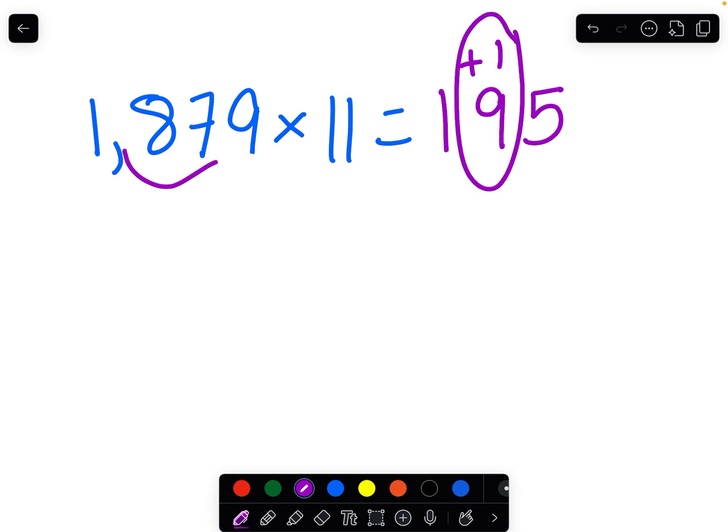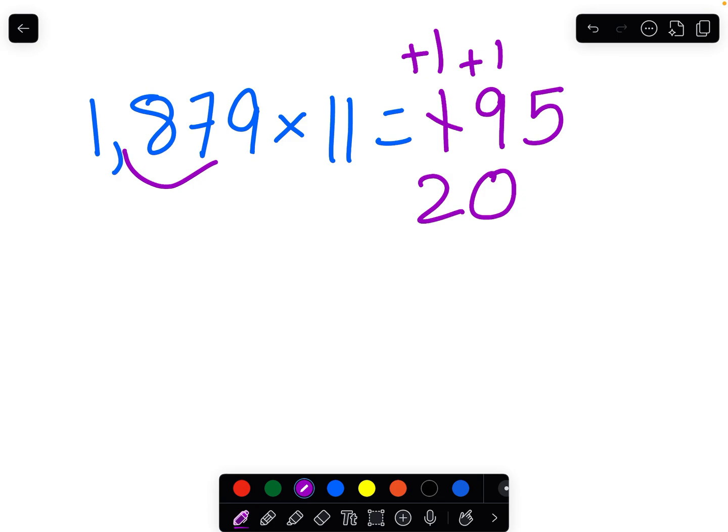Uh-oh, 9 plus 1 equals 10. So I've got to carry the 1 here, which makes this 2, because 1 plus 1 is 2. And then we've got 2, 0, 5. And then we've done 8 plus 7. Now we've got to do 7 plus 9, which is 16.